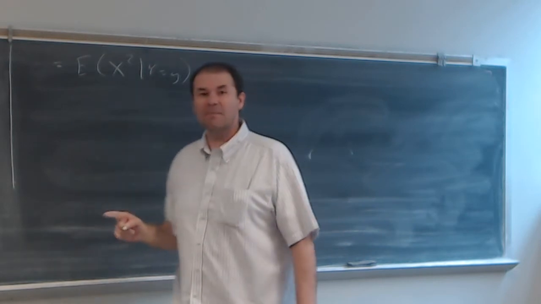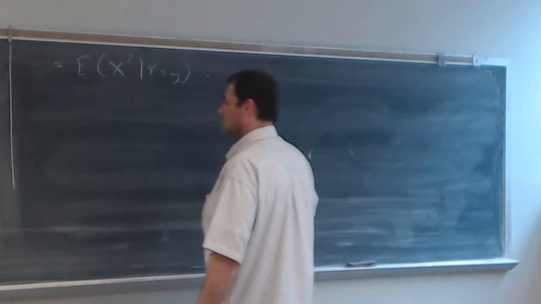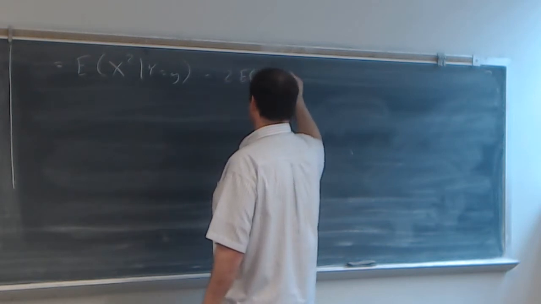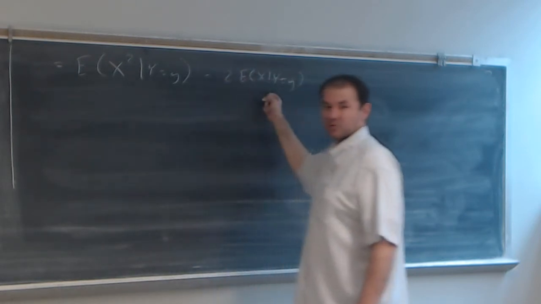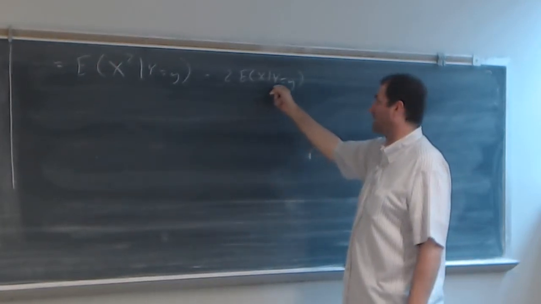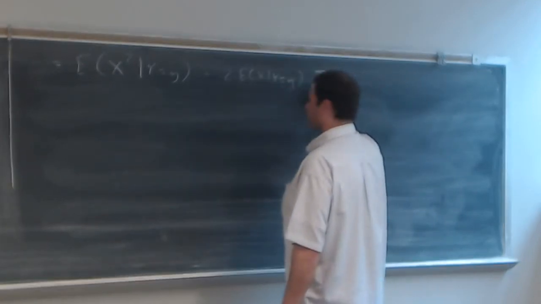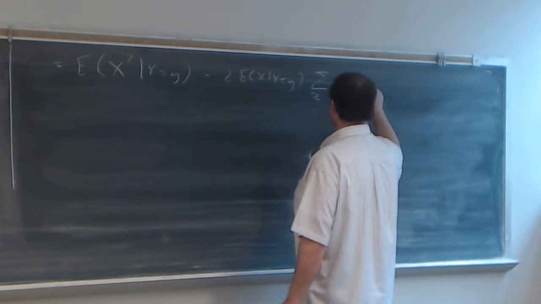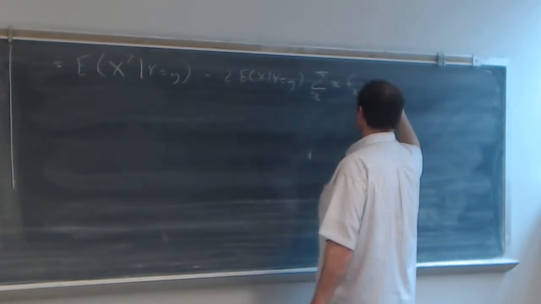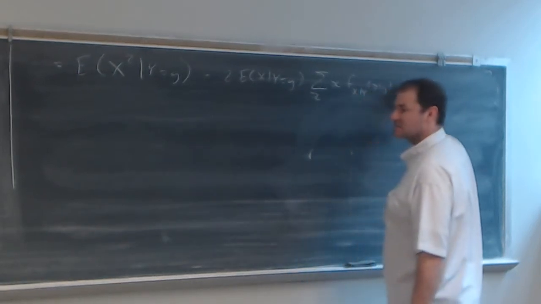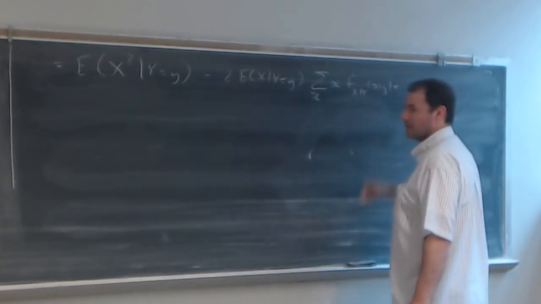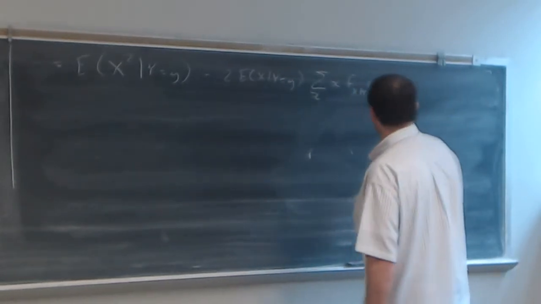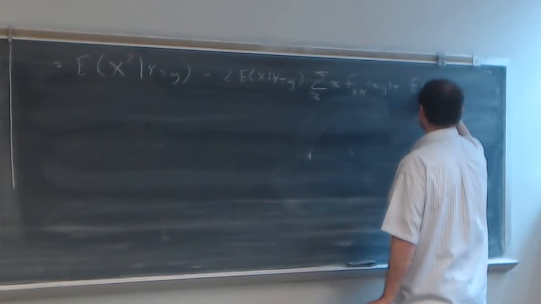Minus, the next sum had some constants with respect to x. Particularly, we pull out the 2 and the conditional expectation of x given y equal to y, because that's a random variable, a function of y. And then we have the sum over the x values of x times the conditional PMF of x given y. And then the last sum, and that was a plus, the conditional expectation that was being squared can be pulled out in front because it's a constant.